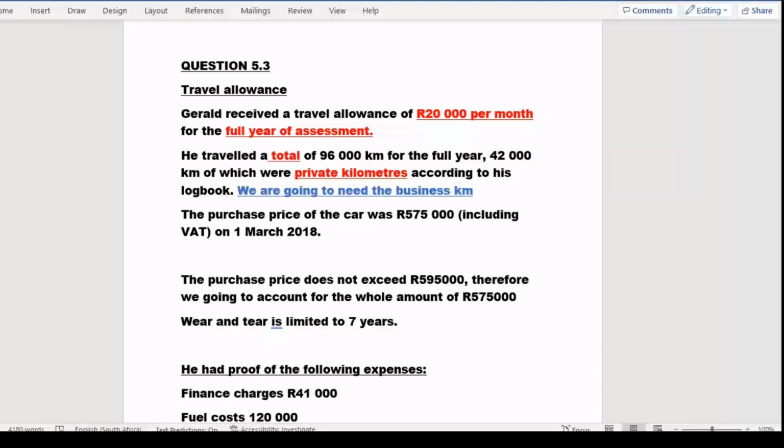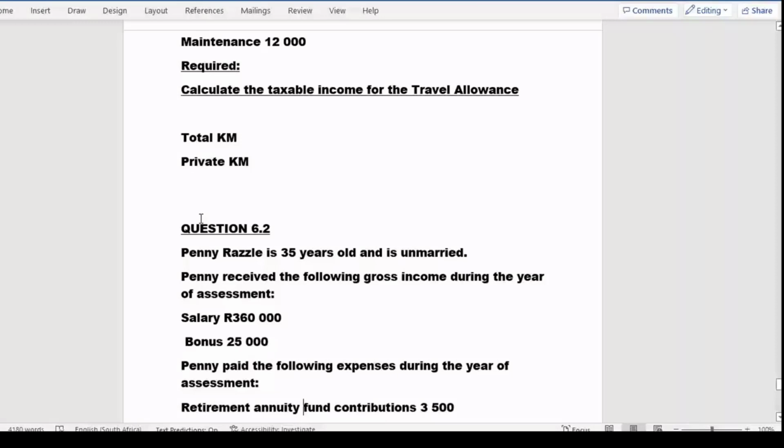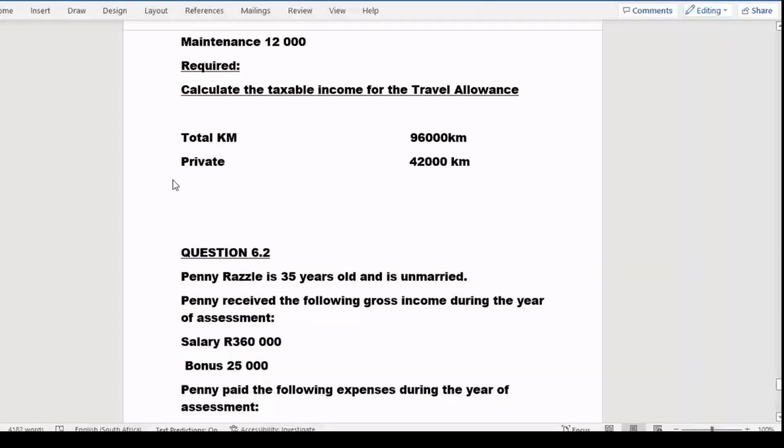You're right. And the private kilometers is 42,000. How much is 96,000 kilometers minus 42,000? 54,000 kilometers. Yes. Meaning that we have managed to determine how much our business kilometers are.